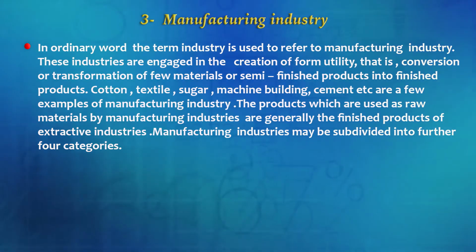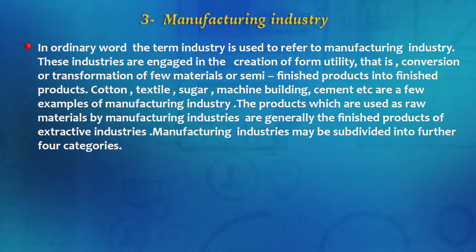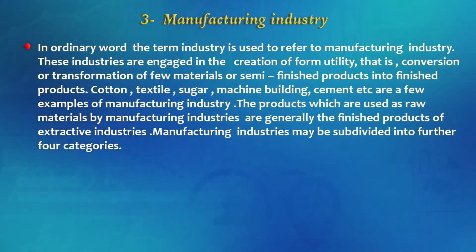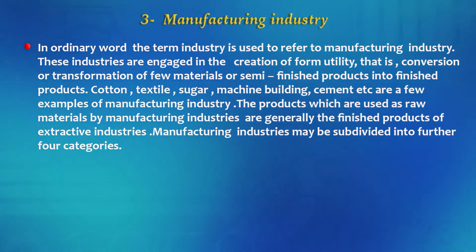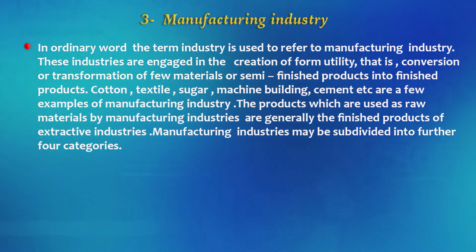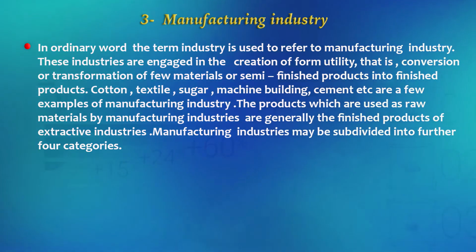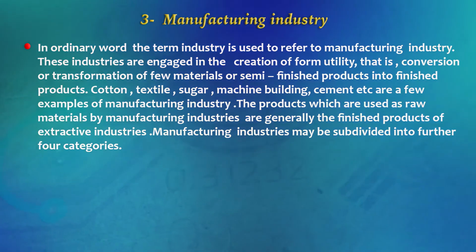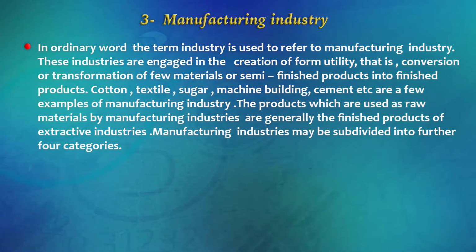These products, which are used as raw material by manufacturing industry, are generally the finished product of extractive industry. Manufacturing industries may be subdivided into 4 different categories.